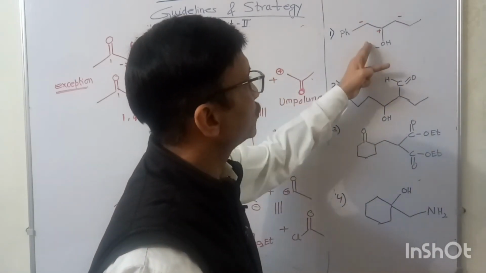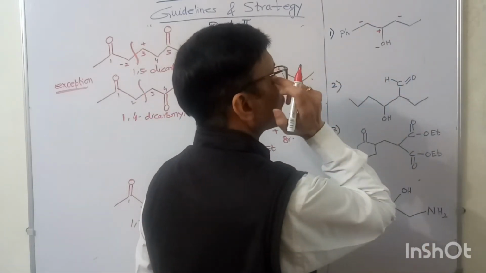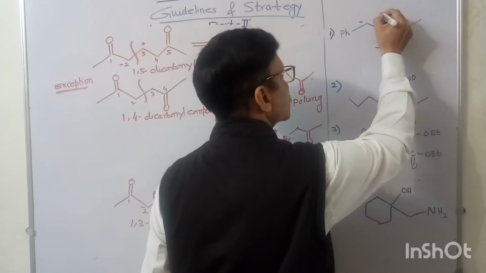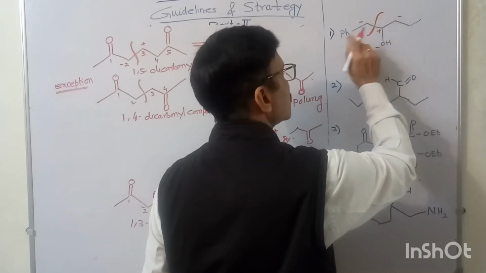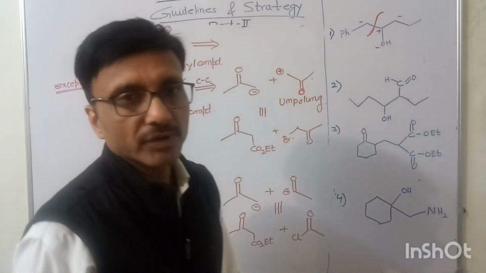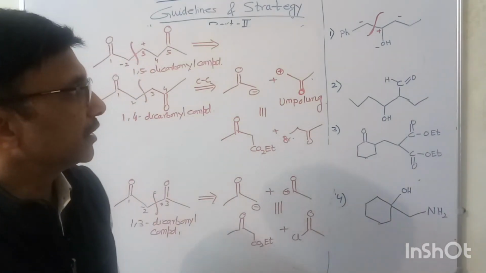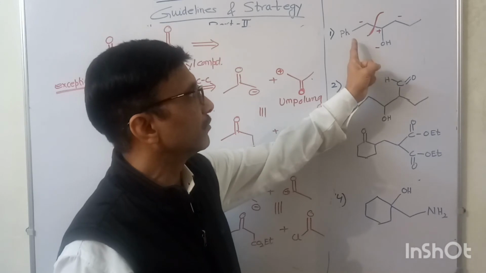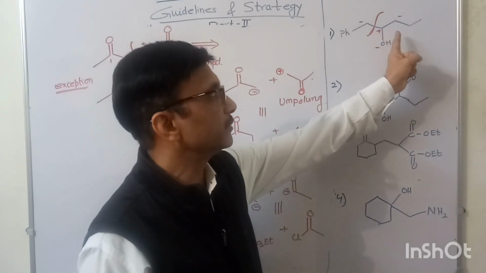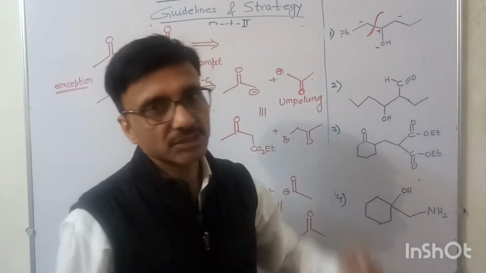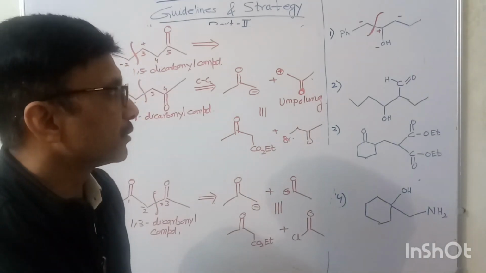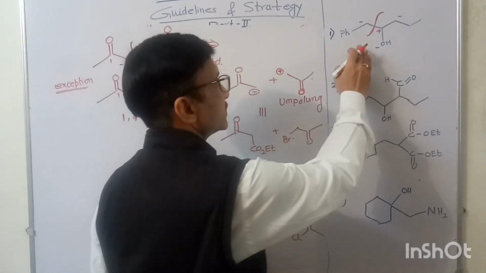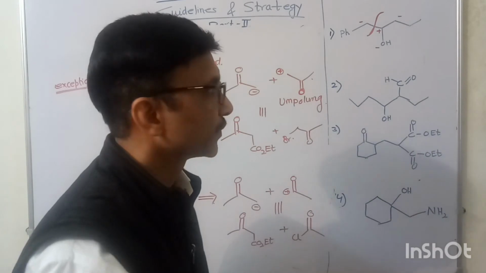So from where should we disconnect? We should disconnect from here, because in this case you will get the benzyl carbanion, which is a more stable carbanion compared to this propyl carbanion. So the disconnection should be done from here.